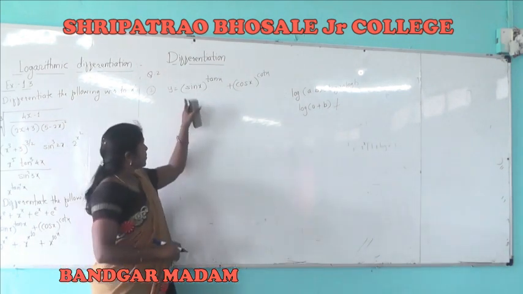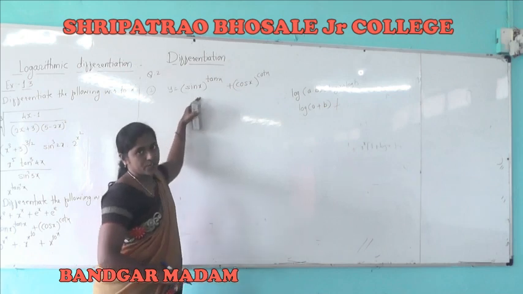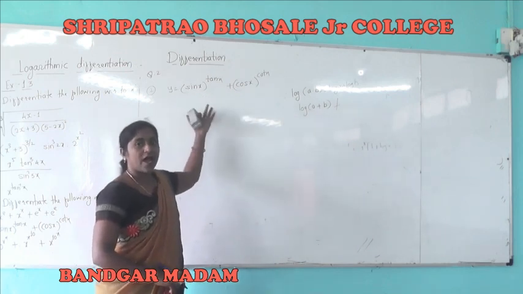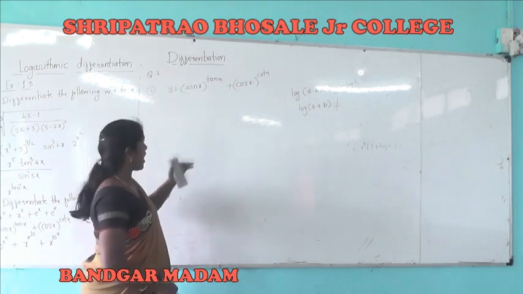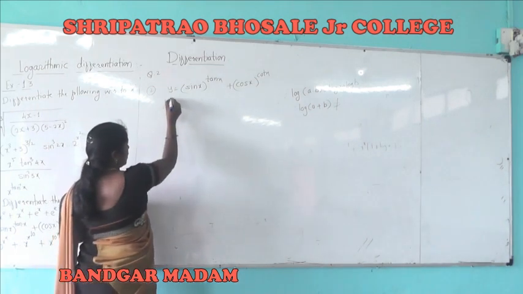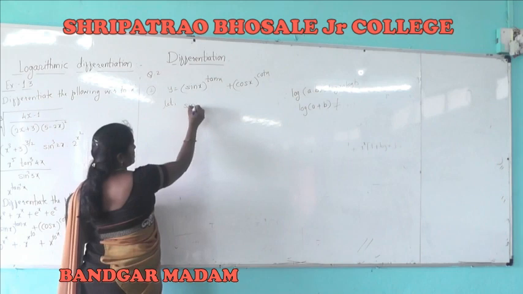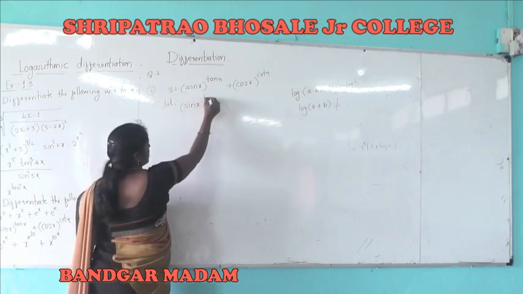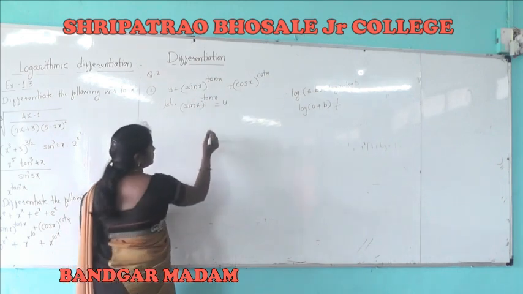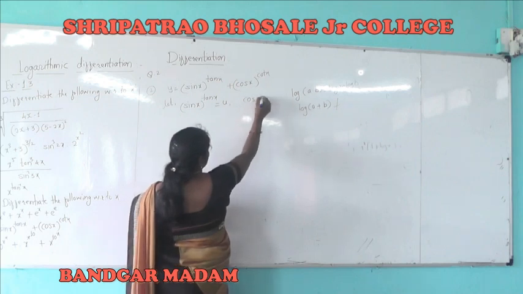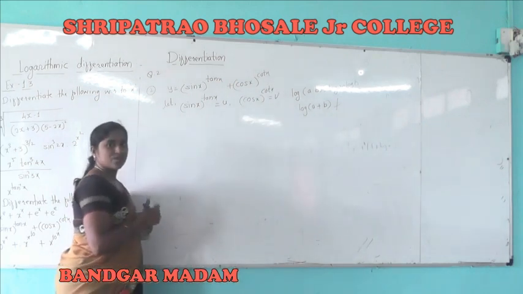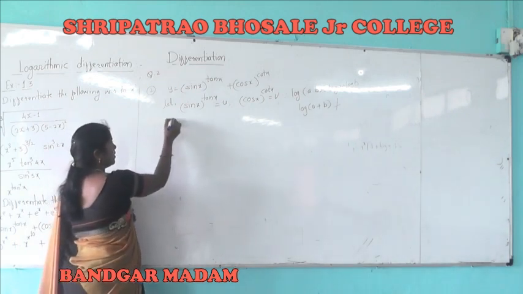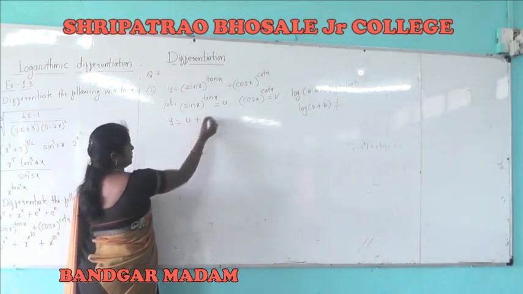First of all, suppose the first function as u, second one as v, and then solve both separately and then add. So let sin x raised to tan x is equal to u, cos x raised to cot x is equal to v. So our y will be u plus v.